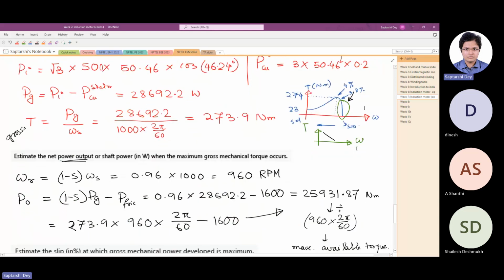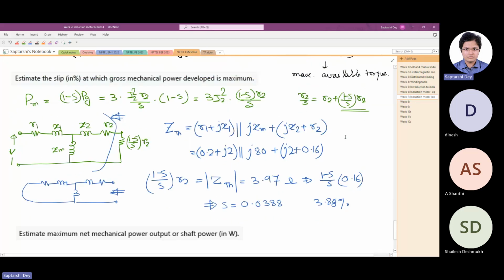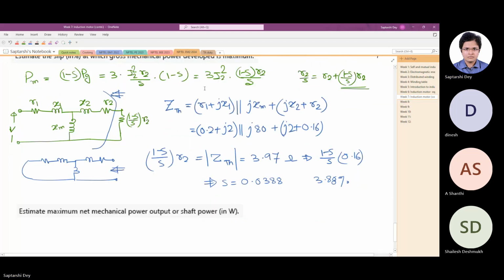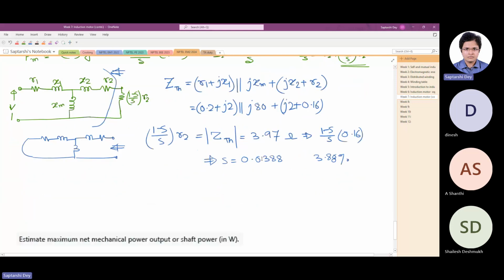That is at a higher speed. Maximum torque and maximum power do not coincide. Okay. So what was the question? Slip at which gross mechanical power developed is maximum. So this is the answer.